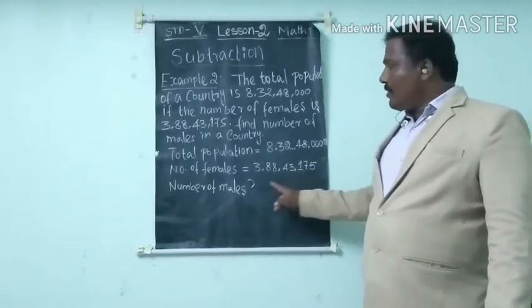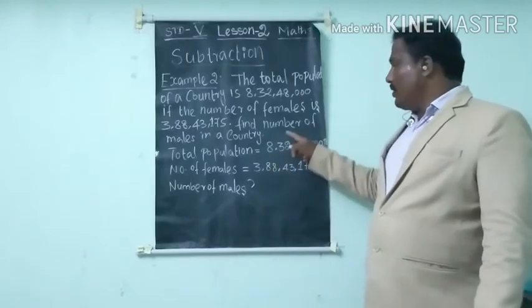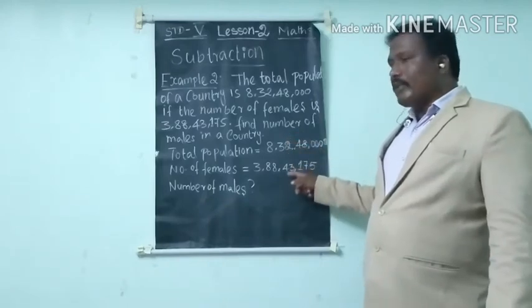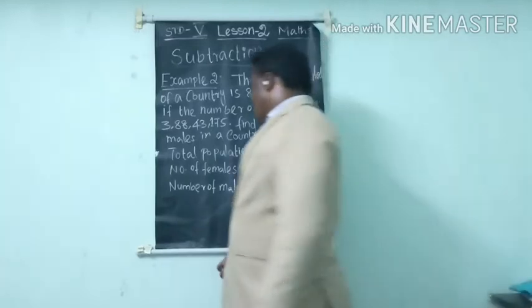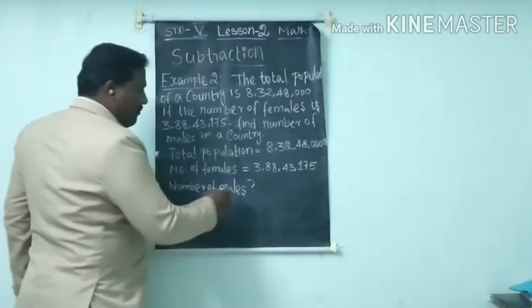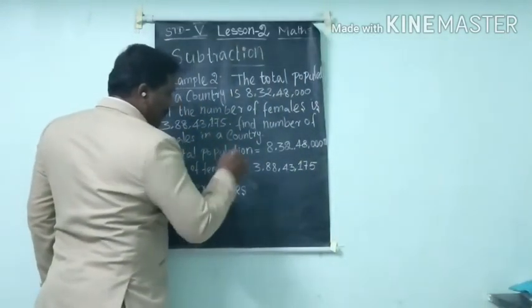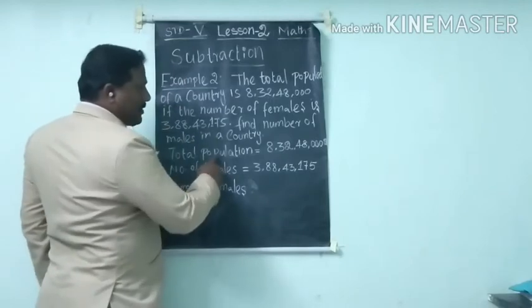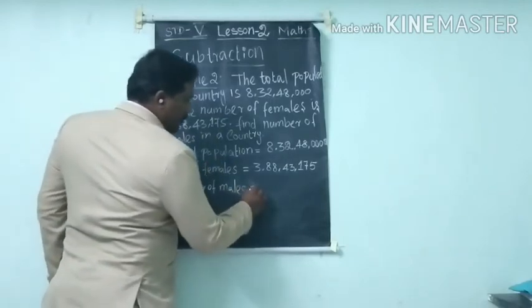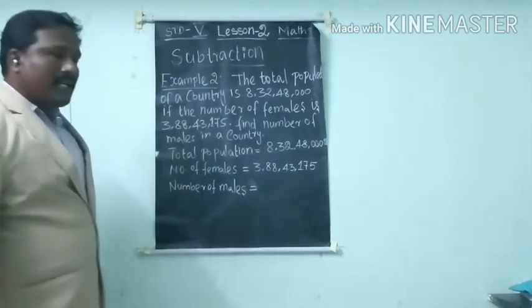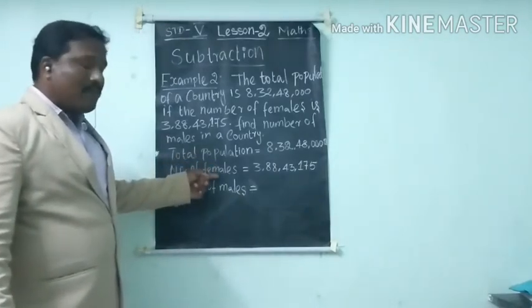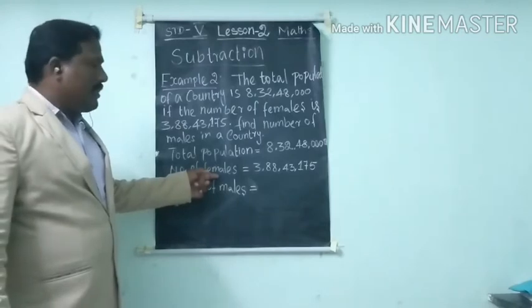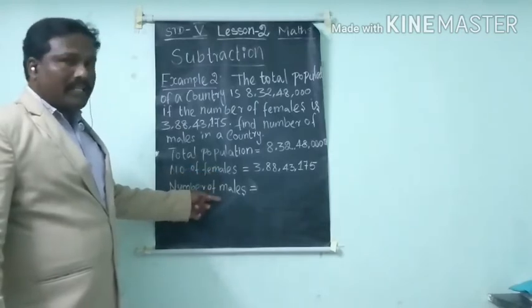So we have two counts, the total count and the female count, and we want to find the male count. How do we get it? Total population minus the female count gives us the male count.